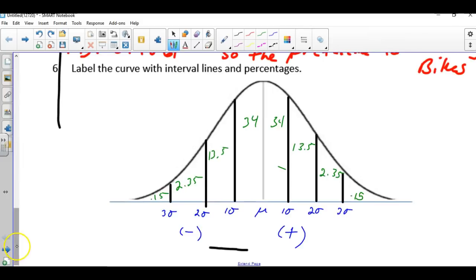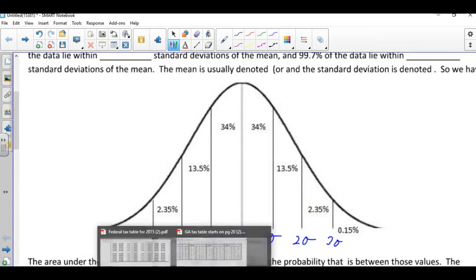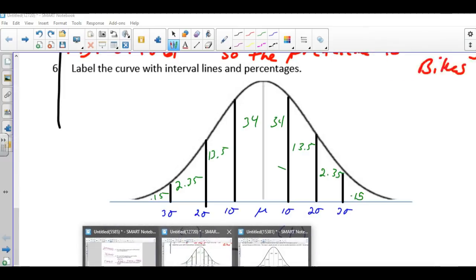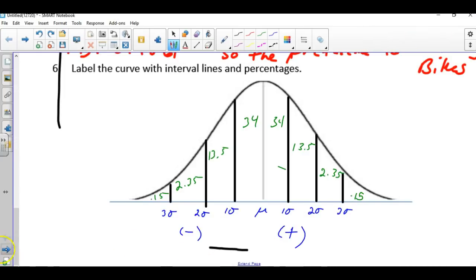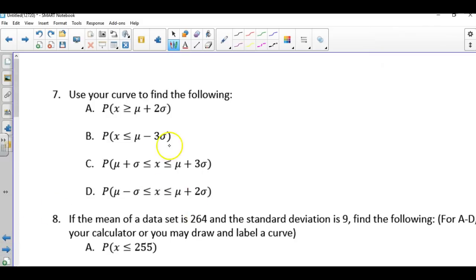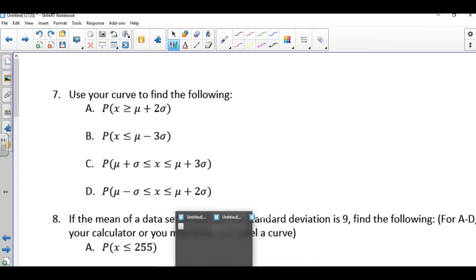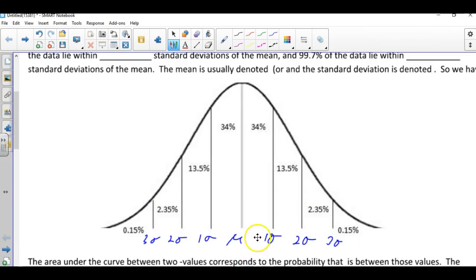Actually, hold on. I'm going to use this one. It's a little neater than the other one. So let me go back to the question. It says, what's the probability of X being greater than mu plus 2 standard deviations to the right? So if we go to the right, here's mu, go 2 standard deviations. This line right here represents 2 standard deviations to the right.